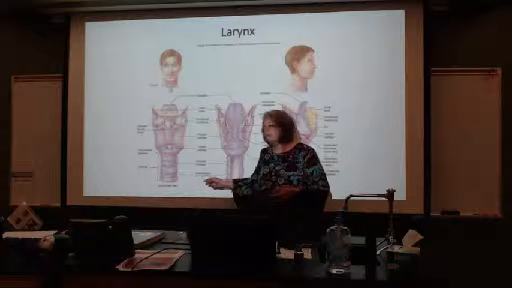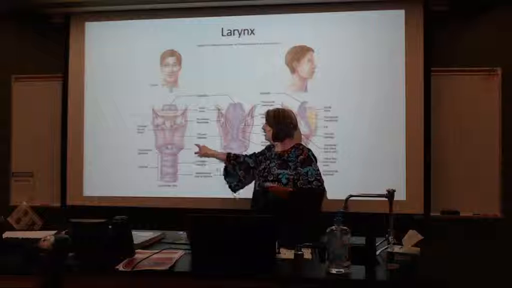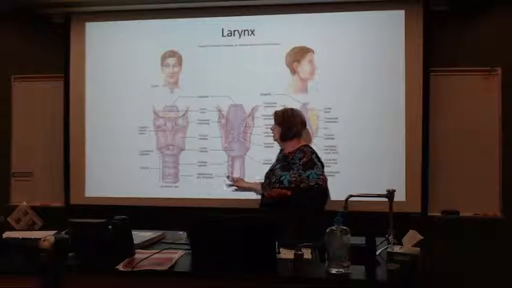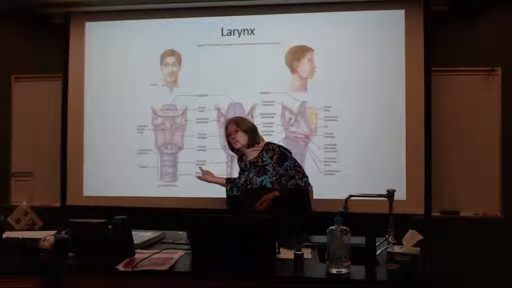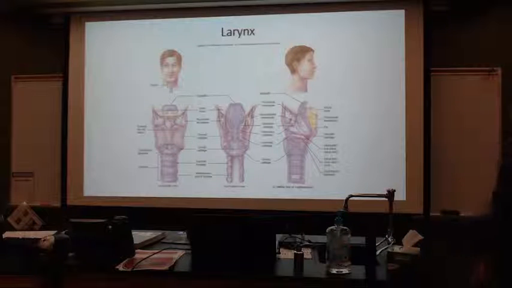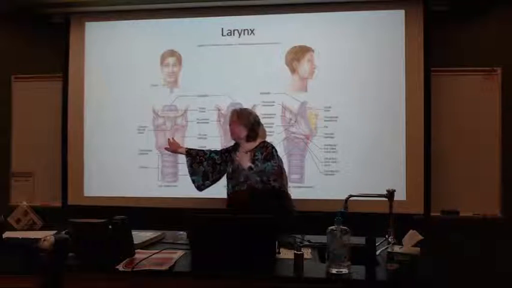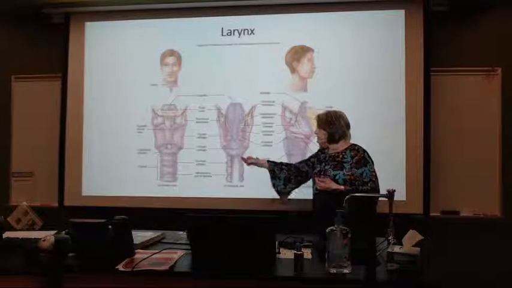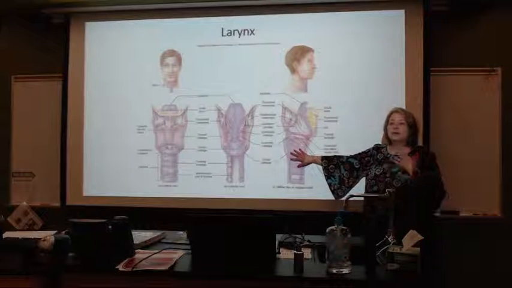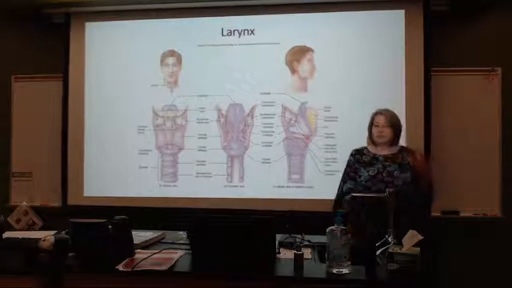They're going to expect you to understand when they say thyroid cartilage, or cricoid cartilage. So be familiar with the Adam's apple, the cricoid cartilage, the arytenoid. They're going to expect you to know, okay, this is what I've got to feel for at this point.